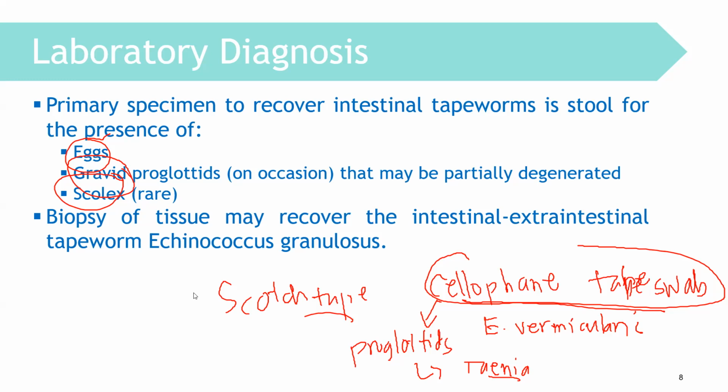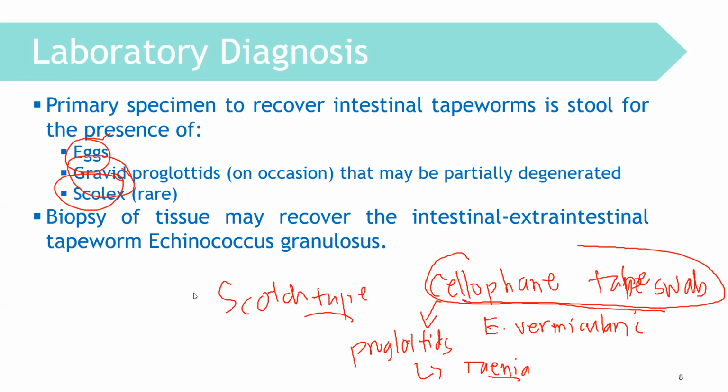Thus, a biopsy or tissue sample is also good for the demonstration of our Taenia solium. However, I want to make it clear that not all cases of taeniasis associated with Taenia solium will reveal the presence of the parasite in the brain. Eh kung hindi naman nag-invade ng brain, why do we have to? Okay? That's why the sample of choice for Taenia is still stool.